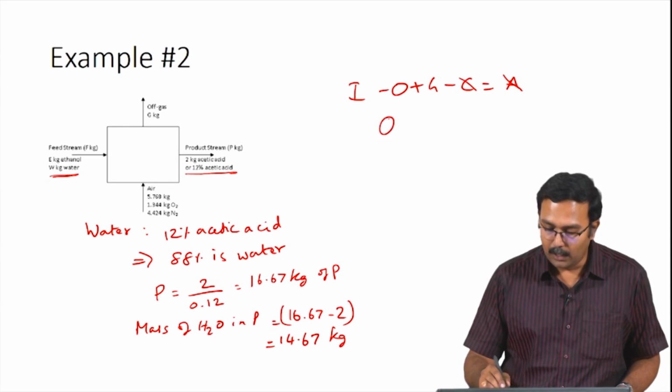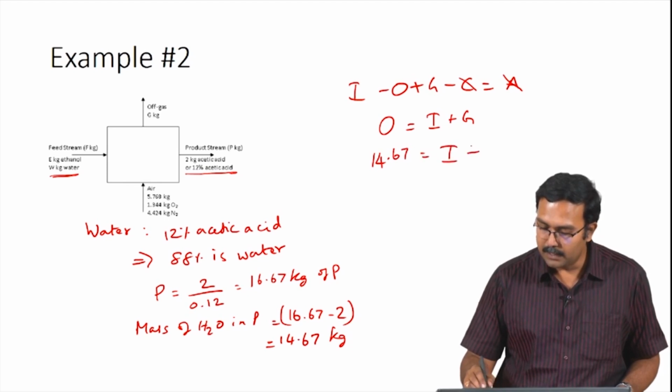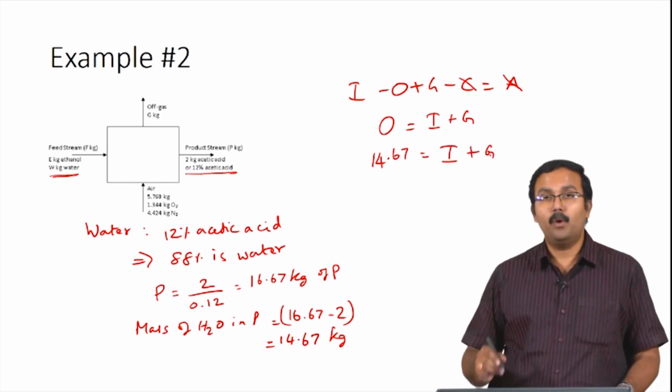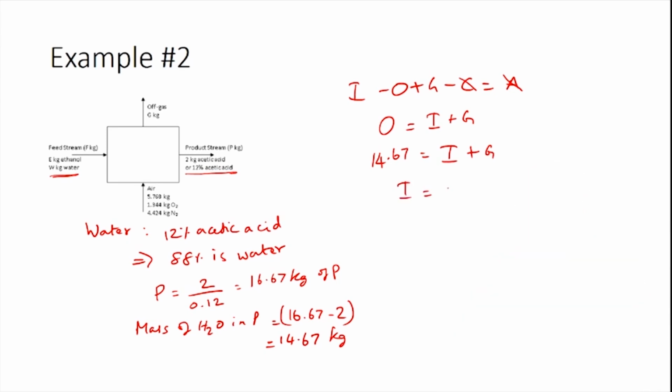So, we already know the output, so we can calculate output as input plus generation, and we know that the output is 14.67 kilograms, input plus generation. So, the amount of water which should be fed would be input is 14.67 minus generation. So, we need to calculate the generation of water in this particular reaction.